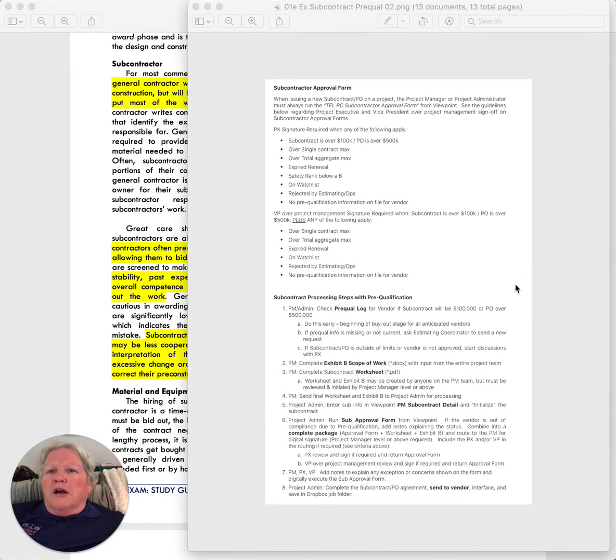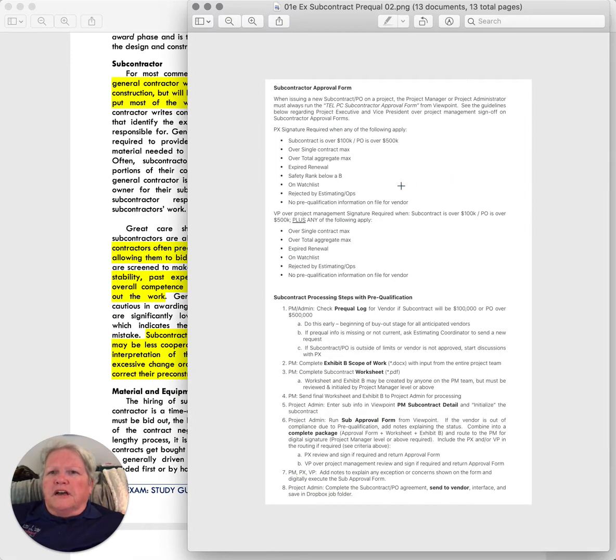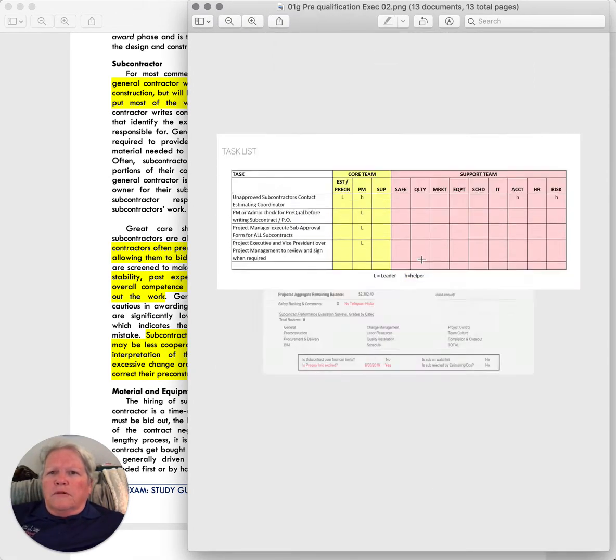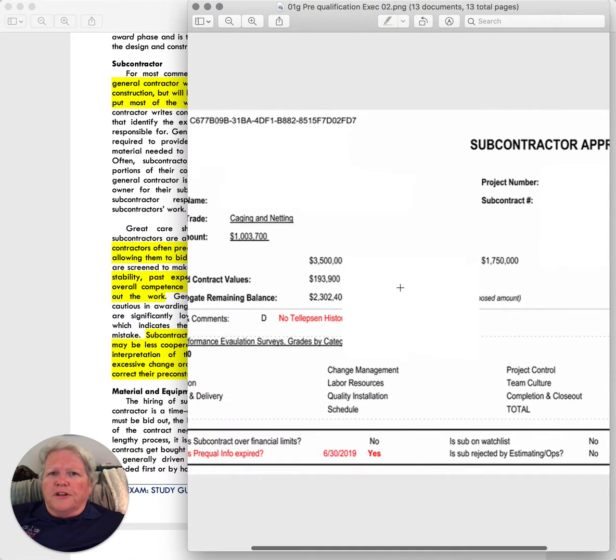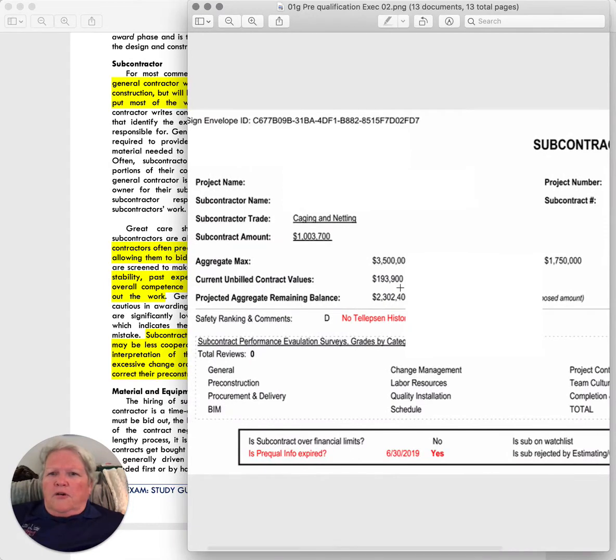So some companies, and as I'm showing here, the subcontractor approval form, you can see here it's got multiple things that they're looking for. And right here, I'll enlarge this for you a little bit. Right here is basically what we call our scorecard.